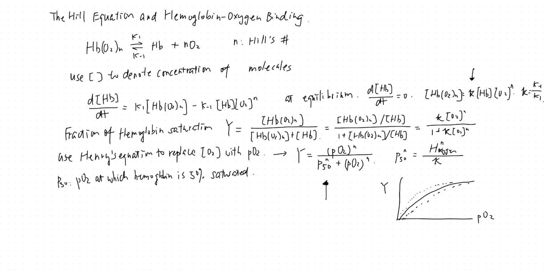So what you will get is the log of Y divided by 1 minus Y equals n times the natural log of PO2 minus n multiplied by the natural log of P50.